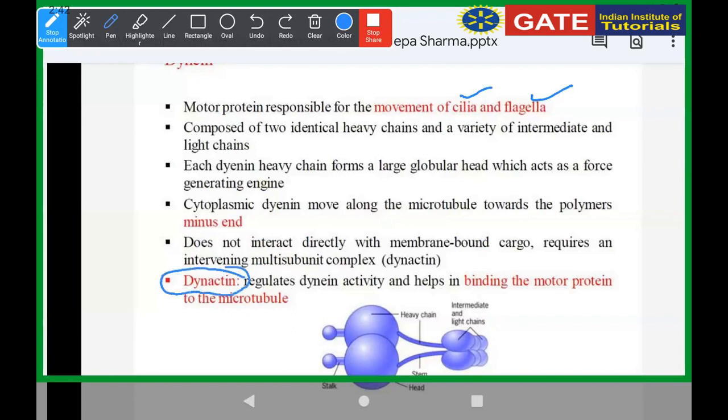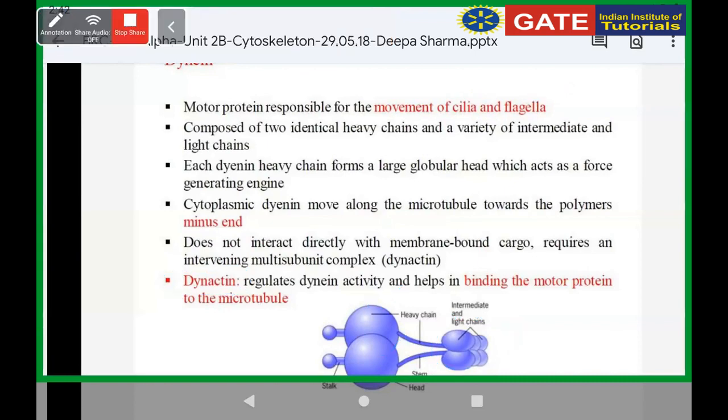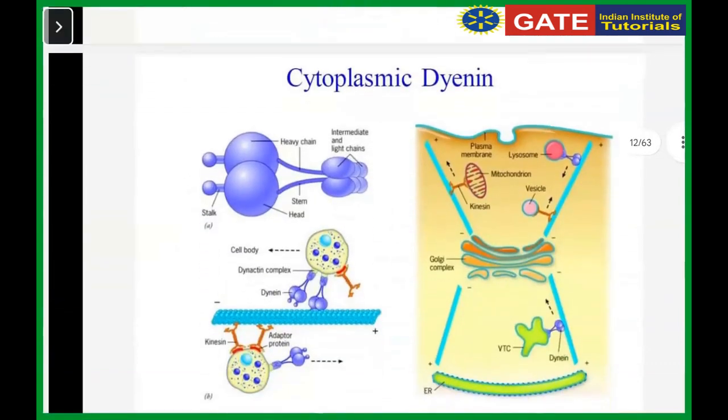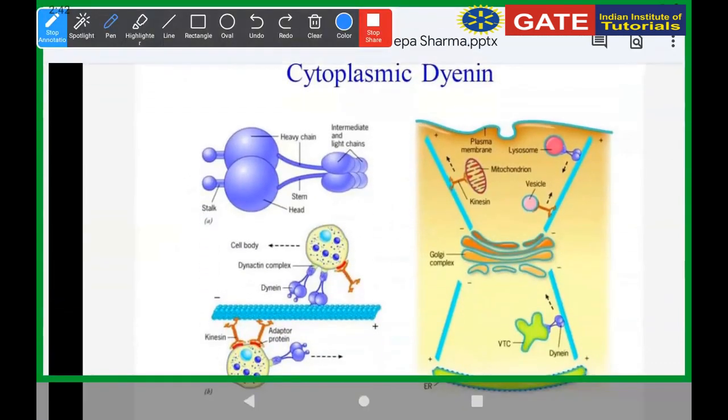Dynactin has a globular head and many intermediate light chains are present. Dynein transports substances opposite to the kinesin, towards the minus end. Just the opposite. It starts from the beta tubulin end and ends at alpha, opposite to the kinesin.